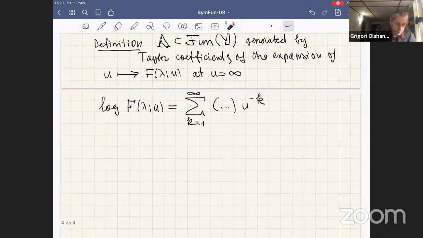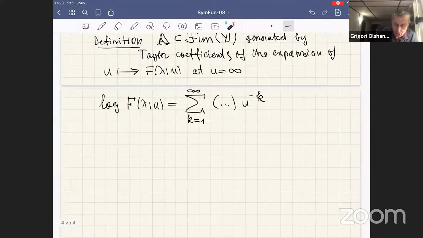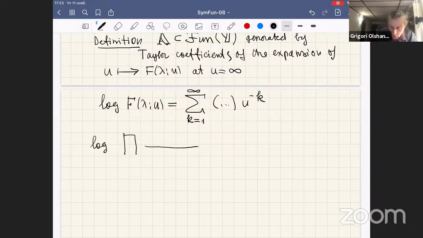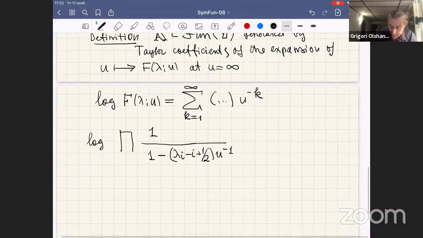But look what happens. What are these coefficients? It's easy to see. Just look at this expression and slightly rewrite it. We have to take the logarithm of a product, with a similar expression only with lambda equal to 0.